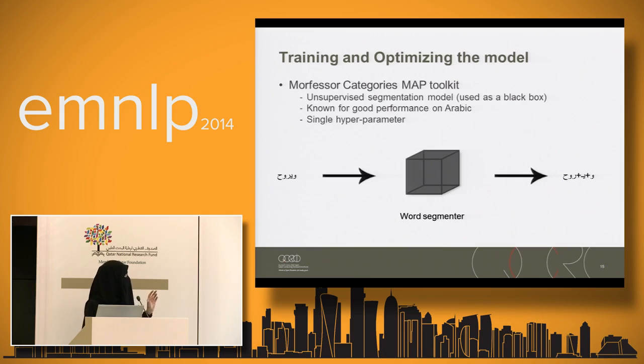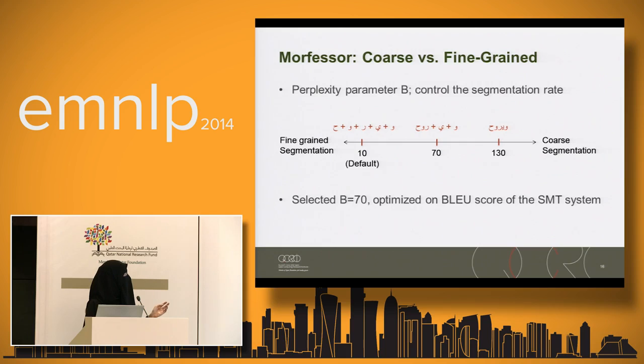Morfessor has only one hyperparameter, called the perplexity parameter, that controls the segmentation rate. For Arabic, we found that the value 130 is the value where we have no segmentation. So we were trying to find a value between 0 and 130 that optimized the machine translation quality.